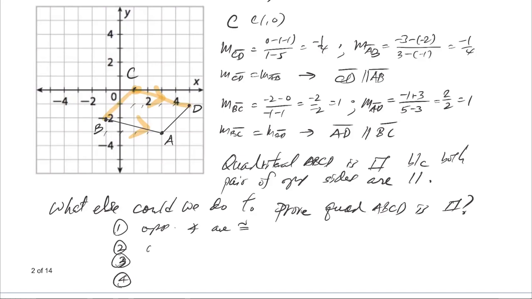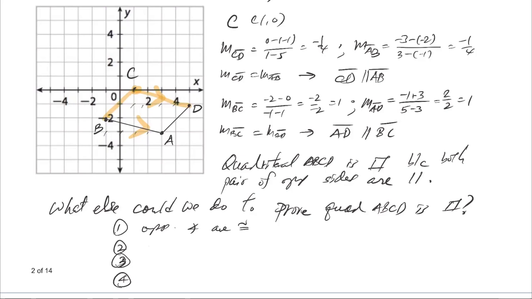And then we know that the opposite sides are parallel. That's the definition. But that's what we just did. So we could use the slopes, right? And opposite angles are congruent. And what else do we have besides that?